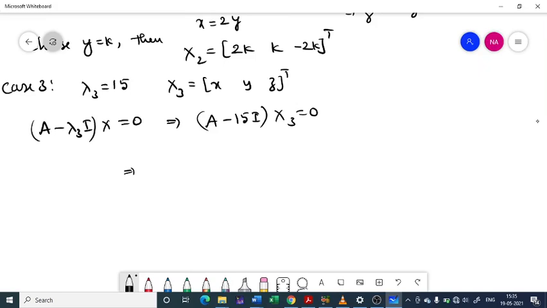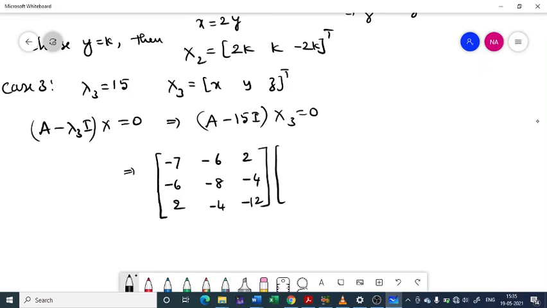That implies we will be getting the matrix minus 7, minus 6, 2; minus 6, minus 8, minus 4; 2, minus 4, minus 12 times x, y, z equal to 0, 0, 0.